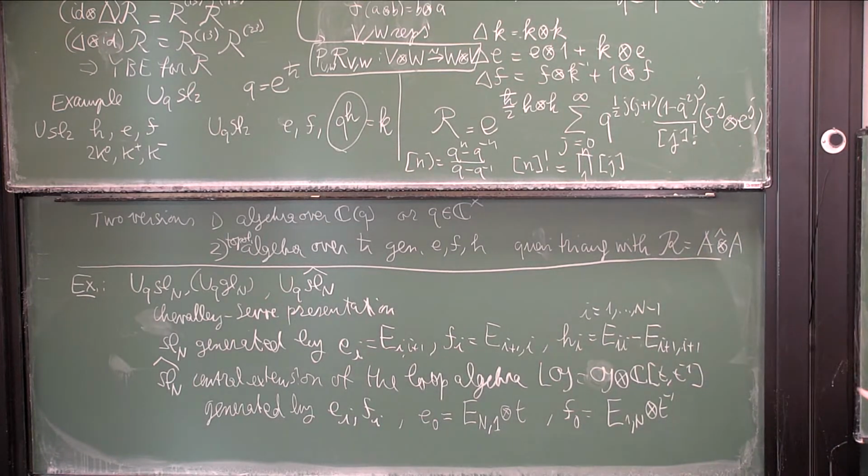So it is easy to convince yourself that you can get any loop, and then there is a central element.